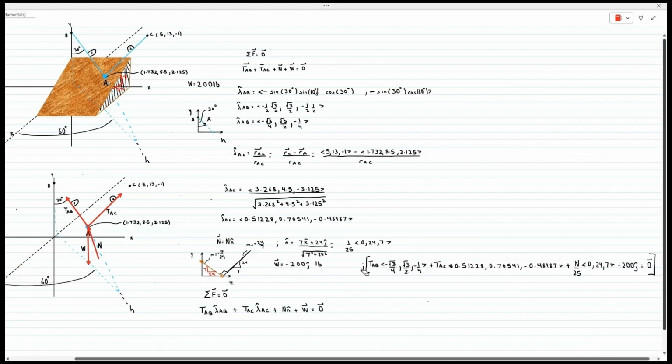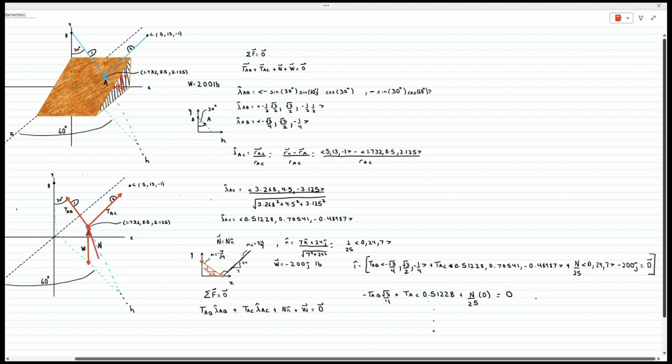What we could do is project this equation in 3 directions, which is how we would solve. If we projected it in the i direction, all the j and k components would fall out, and we'd end up with this first equation. We could do this 2 more times for the j and k components, and we'd end up with 3 equations that we can solve using substitution or elimination.